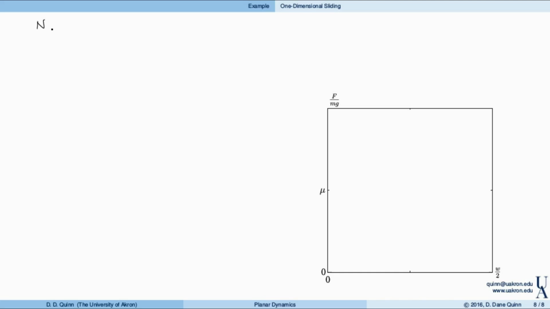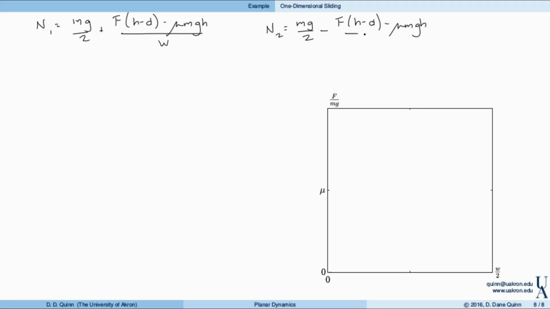Here N1 is mg over 2 plus F times (h minus d) minus mu mg h, divided by w, and N2 was mg over 2 minus F times (h minus d) minus mu mg h. I'm just rewriting these so we can refer to them in a second.